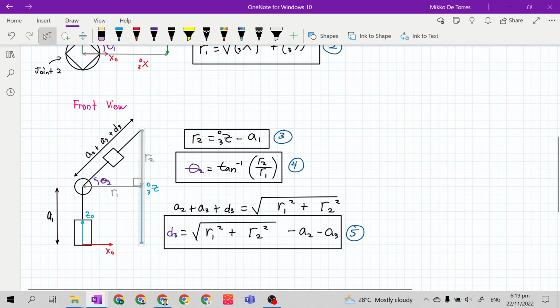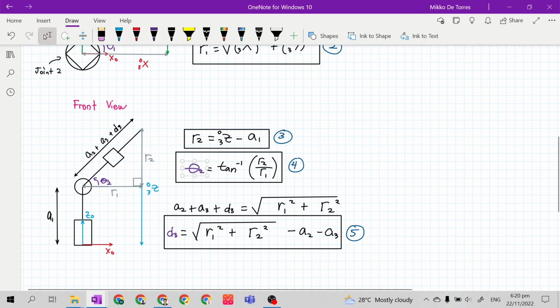So r sub 2 is equal to z03 minus a sub 1. Then because we know now how to solve for r1 and r2, we can solve for theta 2 using the tangent formula again. So at equation 4 we have theta 2.